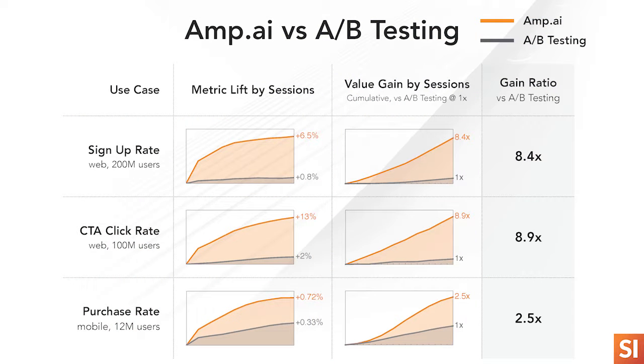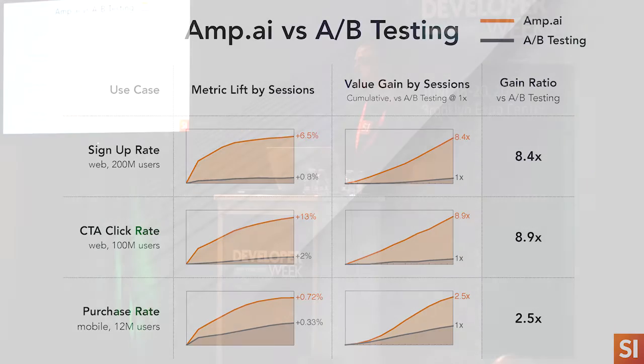And in every case that we've had access to, we find that autonomous optimization can drive metric improvements and value gains, as I described earlier, much faster than A/B testing, often almost an order of magnitude faster, even if you discount the human delays in the process. So even if you remove all the human delays, you can generally improve your metrics much faster, much more robustly, using autonomous optimization.